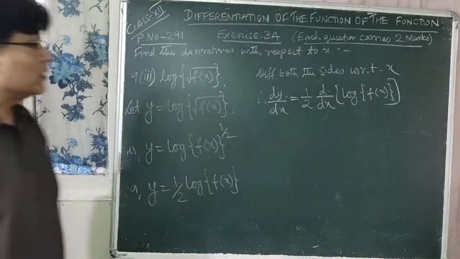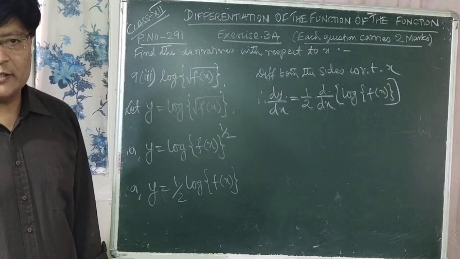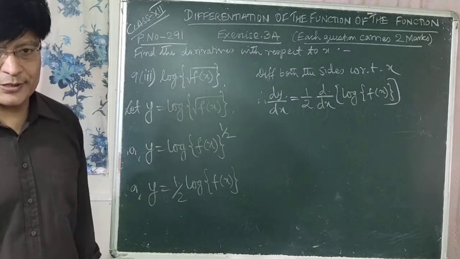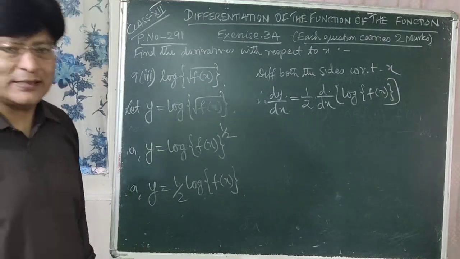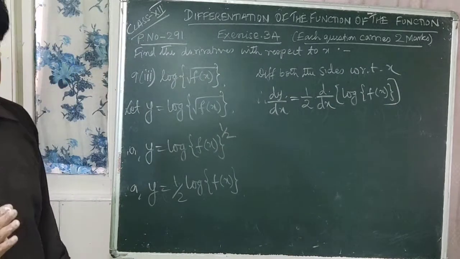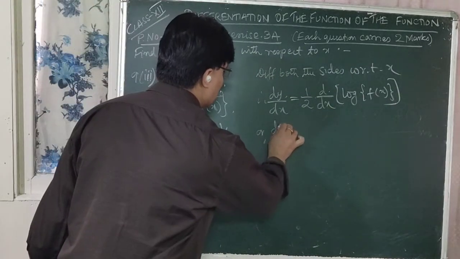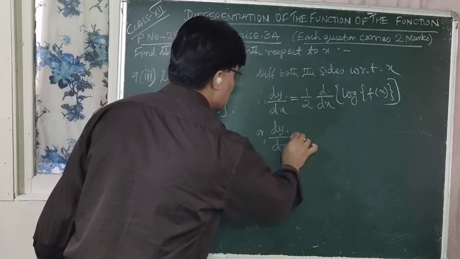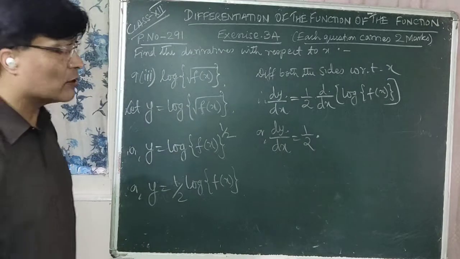Okay? So how would you differentiate log of f of x? You should take it as log x, right? What is the differentiation of log x? It is 1 upon x. But what is x here? It is f of x. So dy by dx is equal to half into, what is the derivative of log of f of x?